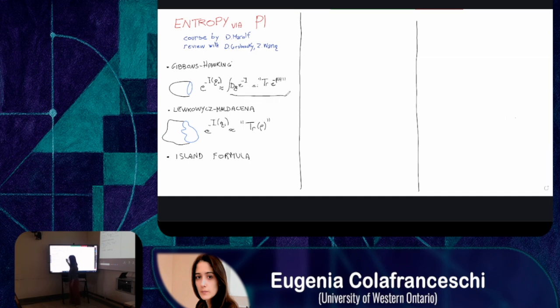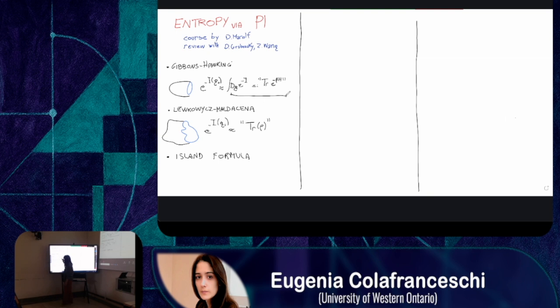So we said, okay, something like a partition function for gravity can be given by a path integral with some boundary conditions which are basically the same as for a standard quantum system. So you have a closed circle, which is the periodic Euclidean time, and then some boundary of space.